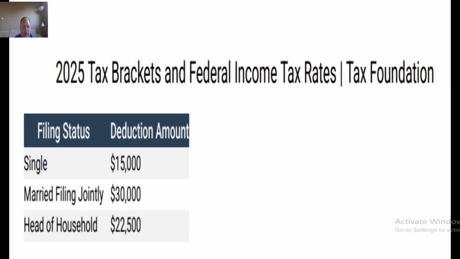So the current deduction for single individuals is $15,000. Married filing jointly is $30,000, 2 times the single deduction, and head of household is $22,500. So if you have an income below this, you do not have to pay regular taxes. Of course, you still have to pay Social Security taxes.